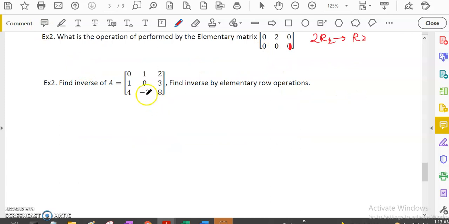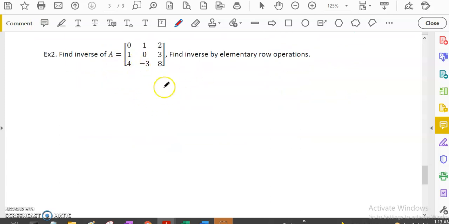So in the next video, I'm going to talk about how to find the inverse by elementary row operations of this matrix: 0, 1, 2, 1, 0, 3, 4, -3, 8. On this side, I'm going to have the identity matrix.